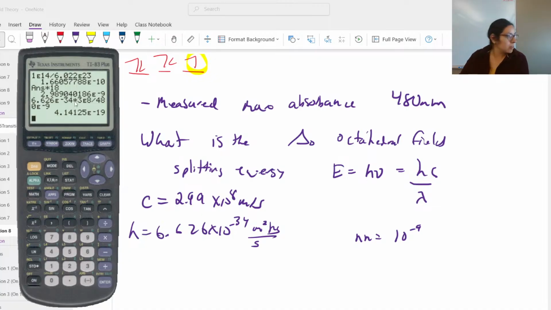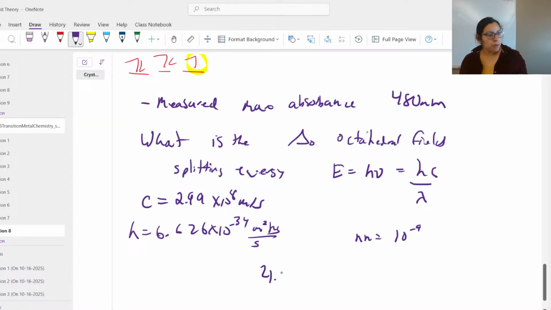And so I got what chat got. Did we all get that in here? So I see yeses. So 4.14 times 10 to the negative 19 joules there for our energy transition. And so again, that might be something that you'd want to quantify.